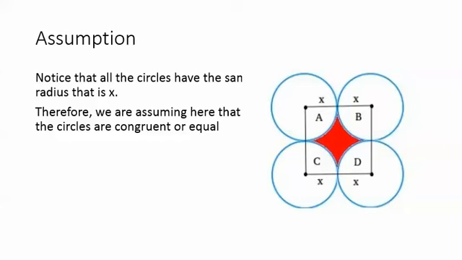Circles being equal means that the centers of the circles would make a perfect square, and the square would have each side of x plus x, 2x, as the side. So those are the things that I would infer from this problem, what's indirectly given.